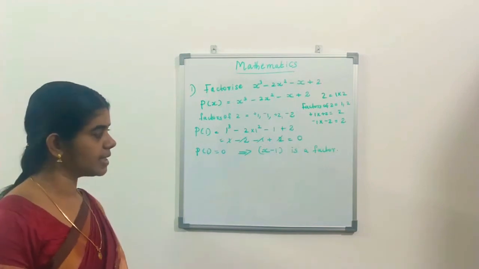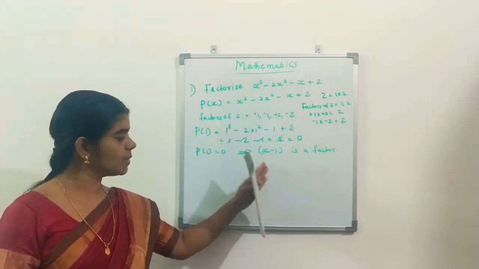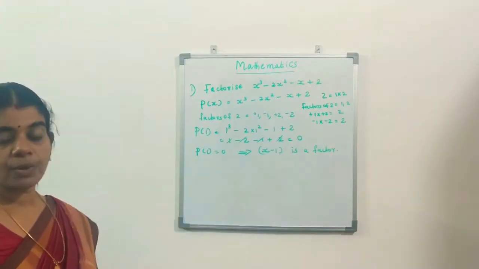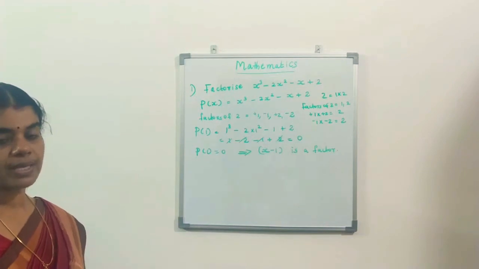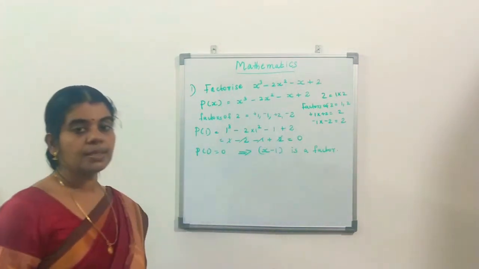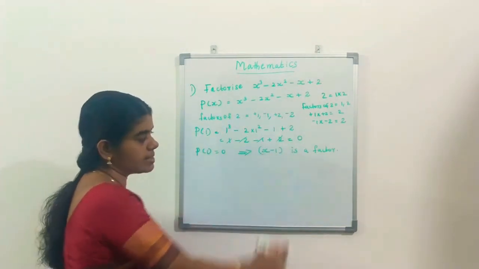We already studied that if p of a is equal to 0, then x minus a is a factor. Like that, you got p of 1 is equal to 0, therefore x minus 1 is a factor.